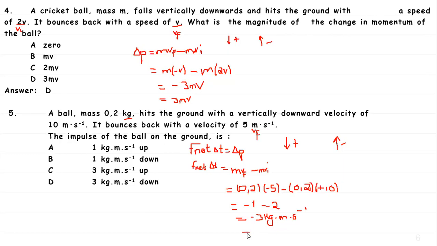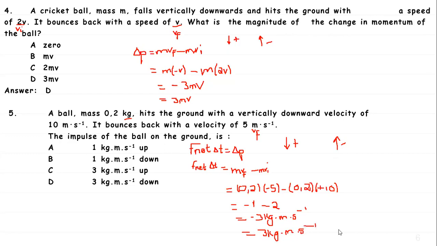And from that, I can definitely interpret and say the negative means upwards. In other words, my impulse must be 3 kilograms dot meter per second.